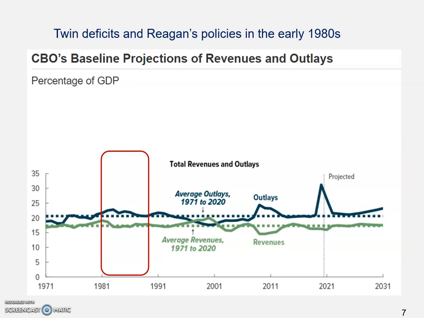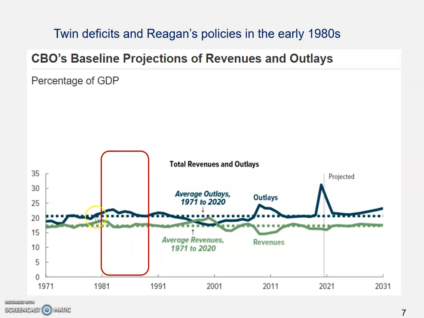So that's why government revenue as a share of GDP decreased a lot. At the same time, the Reagan administration raised government spending, especially national defense spending, because they believed that was the right action to take when the United States faced challenges from the Soviet Union.